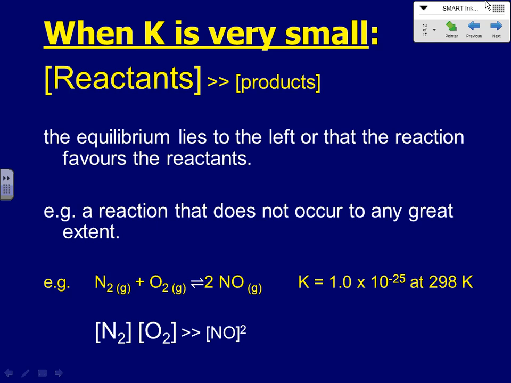And if there's not very much product, it means the reaction kind of didn't go anywhere. We put the reactants in, we put it in a closed container, we say go, start your reaction, and it hardly goes anywhere. Very little bit of product is produced.